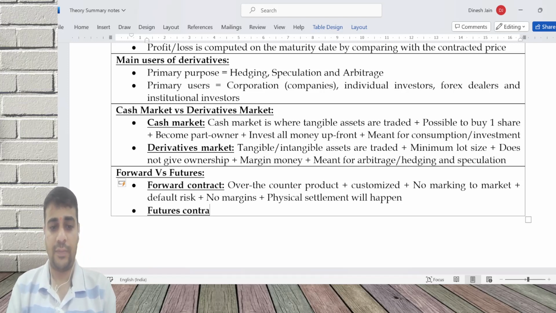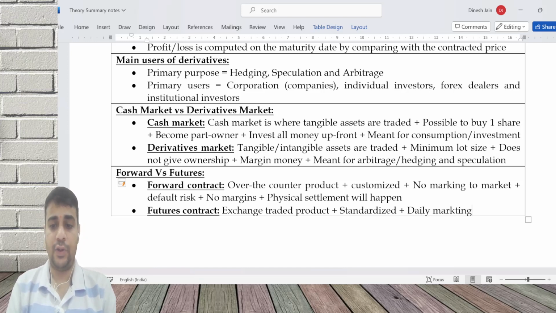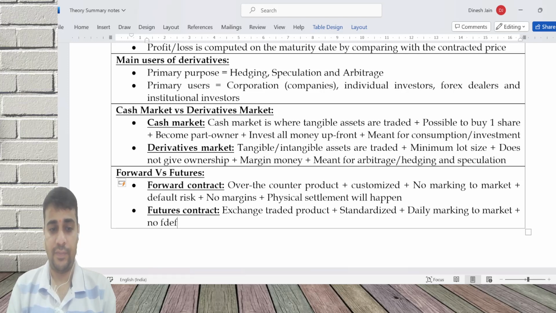Futures contract: exchange traded product, standardized, daily marking to market, no default risk.